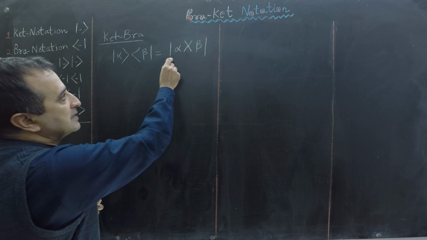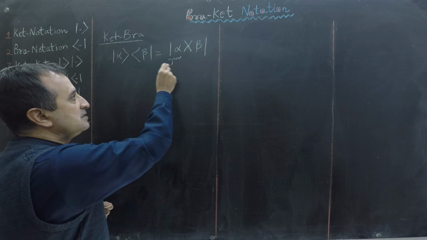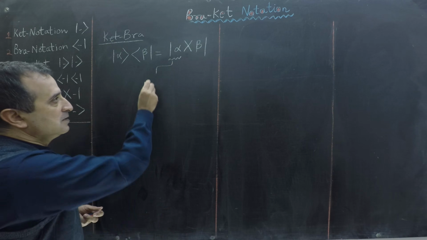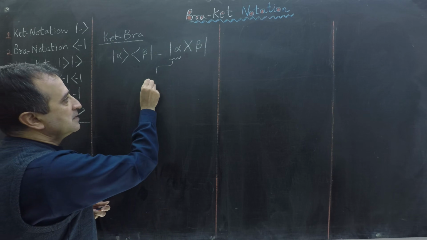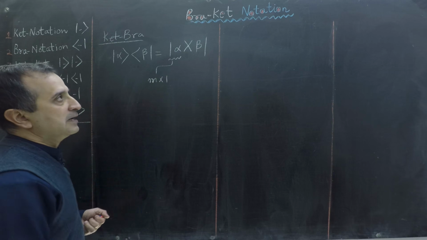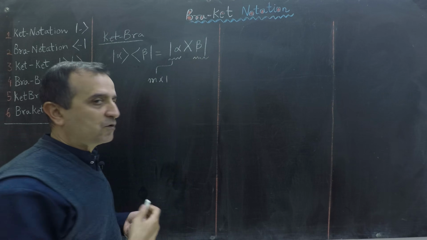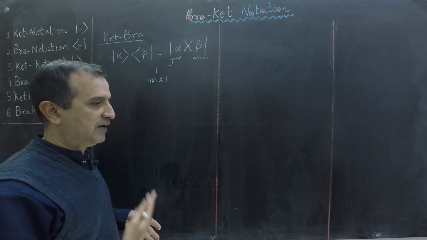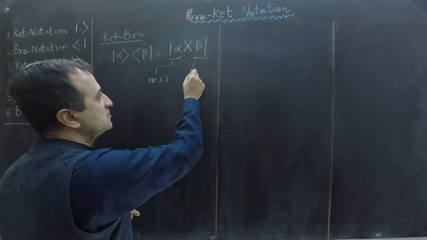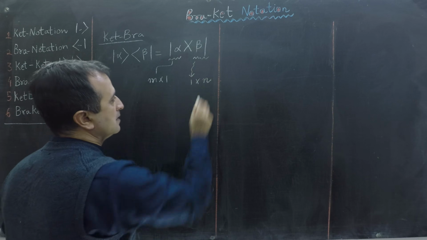So I know that ket alpha represents a column vector. So this vector will have many rows but one column. So the dimension of this vector will be m times 1. And I know that bra beta represents a row vector. So this vector will have one row but multiple columns. So the dimension of this vector will be 1 times n.